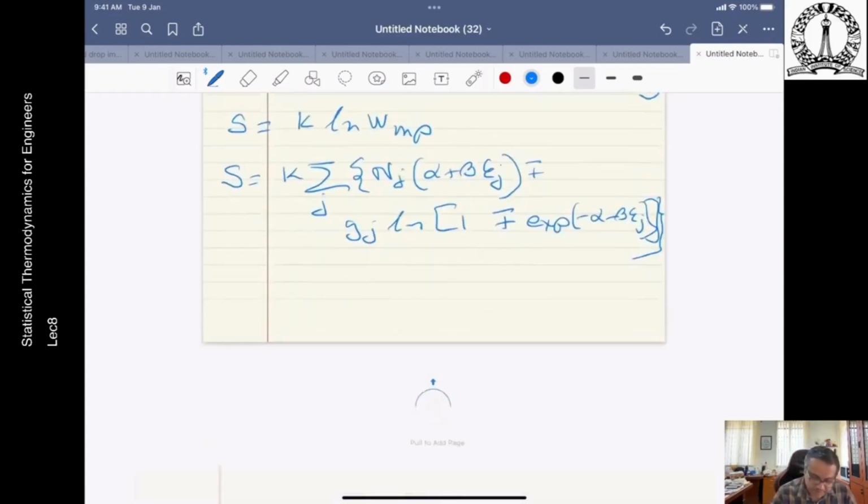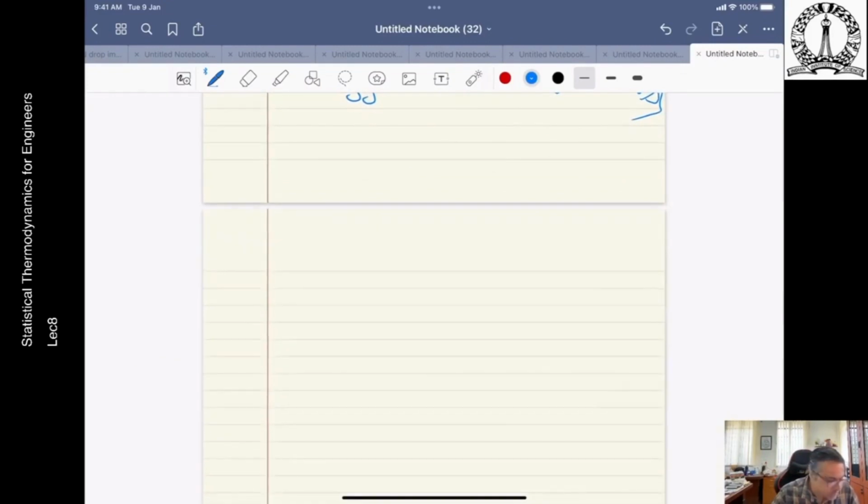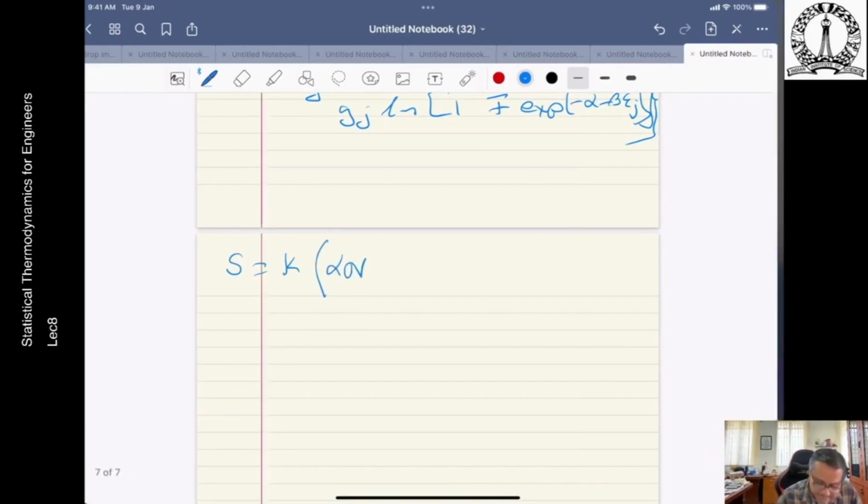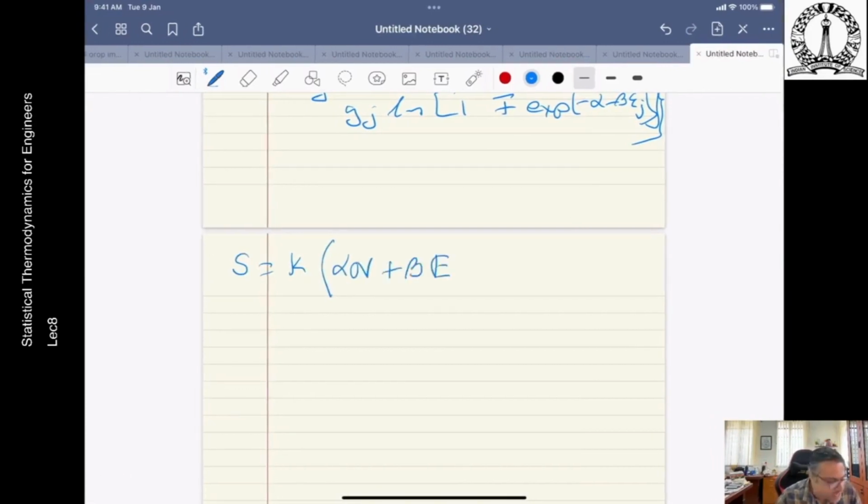So that's what you get, and then you can simplify this a little bit further, to get K times (alpha N plus beta E) ∓ K times the sum of Gj ln[1 ∓ exponential of (minus alpha minus beta Ej)].